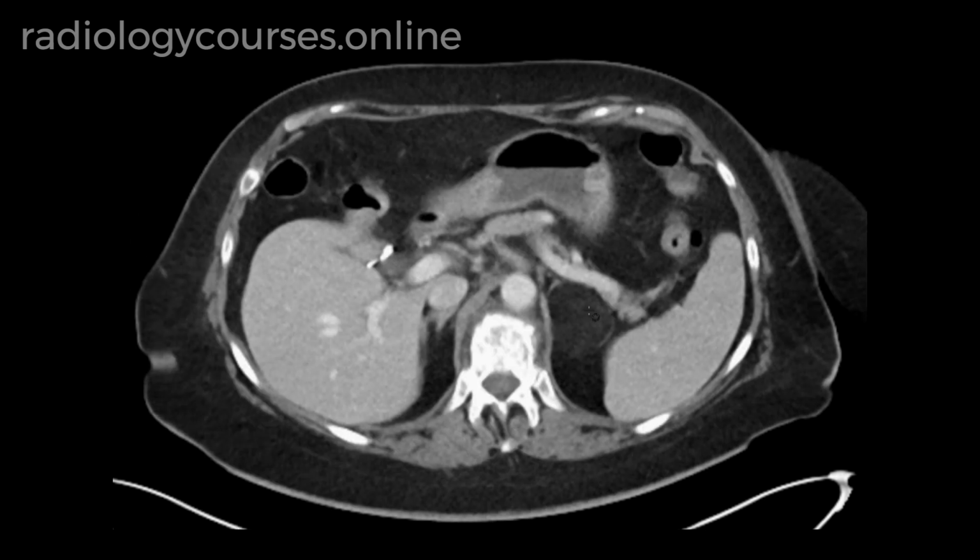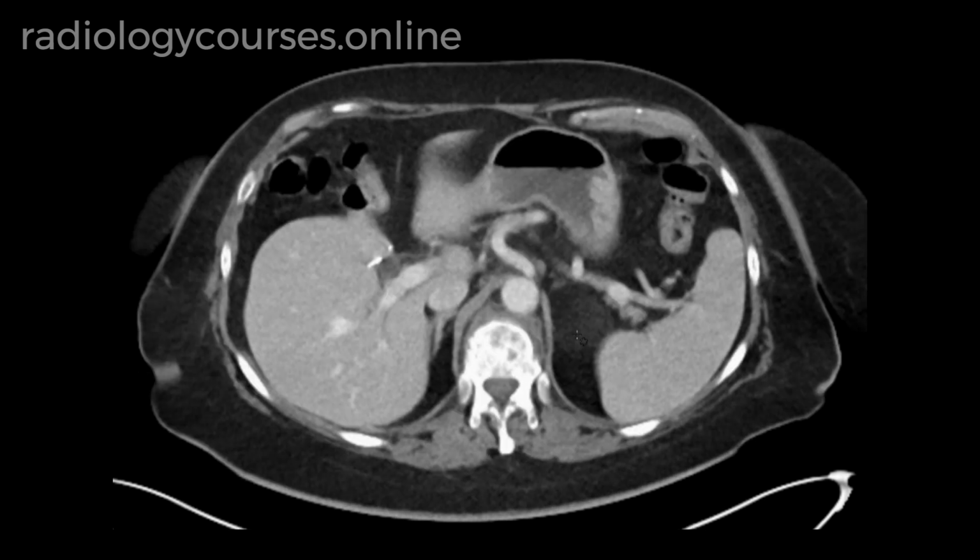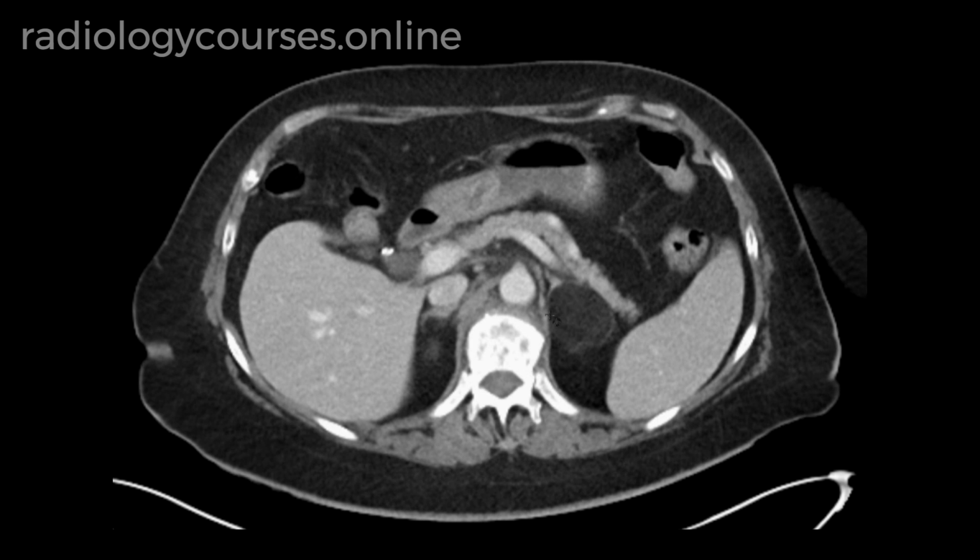So these are the differentials to be considered, but there is no need to provide all these differentials if the findings are very typical, as we are seeing in this case.